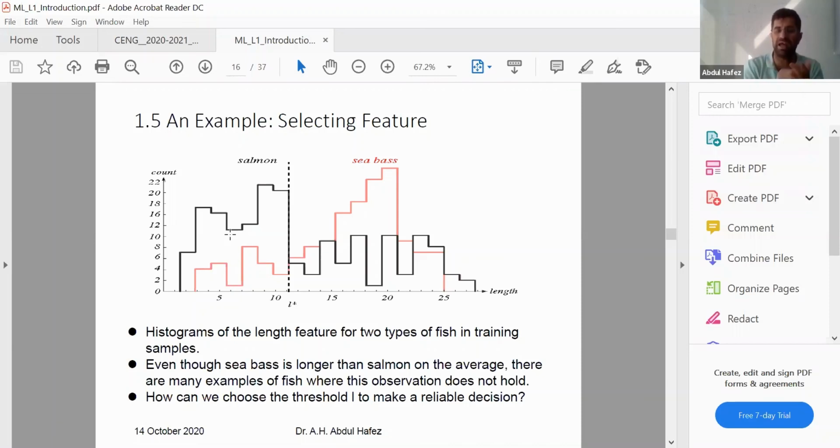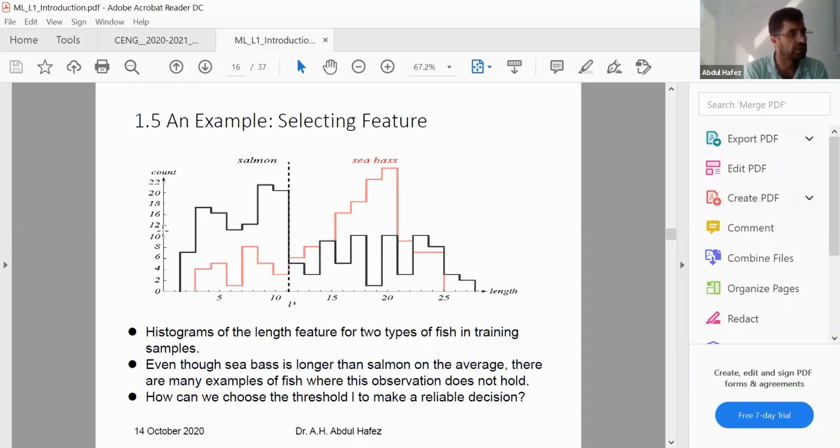The probability that a randomly picked fish carries the length 6 is 12%, or 0.12, because the total number is 100. I divide the number for every value by the total number, that is 100.